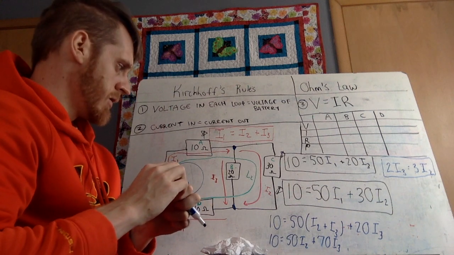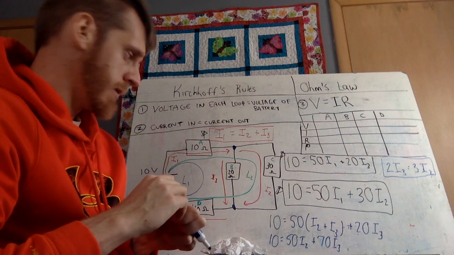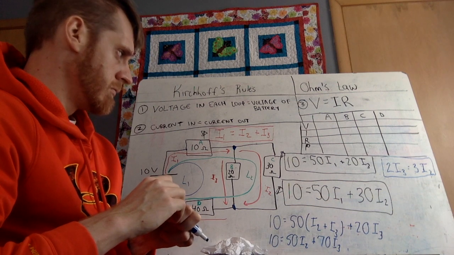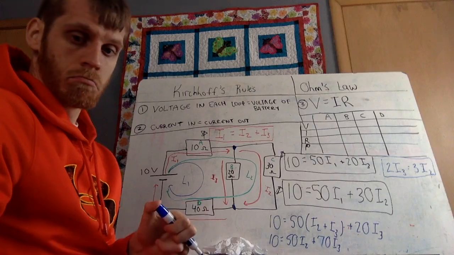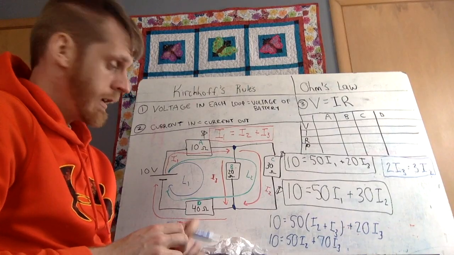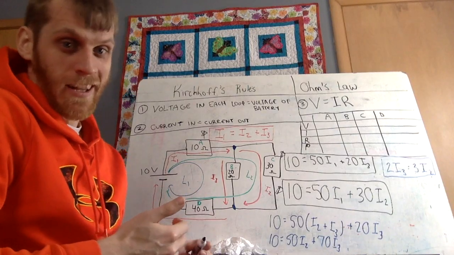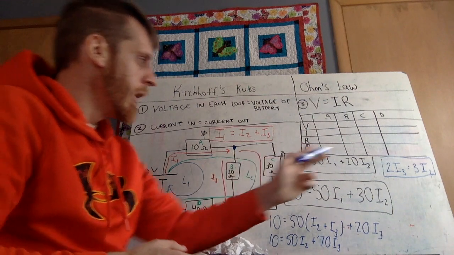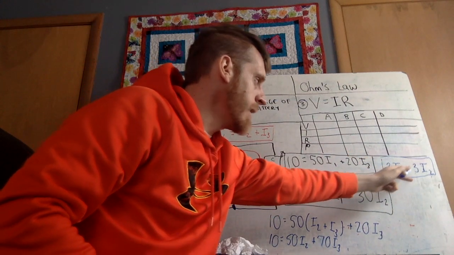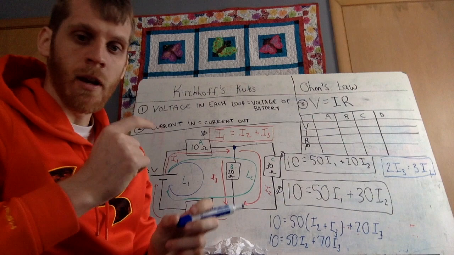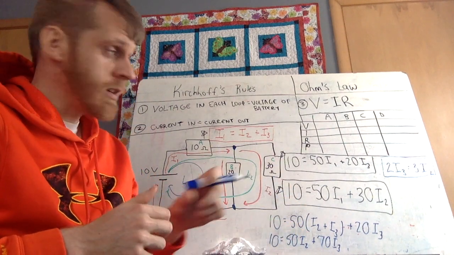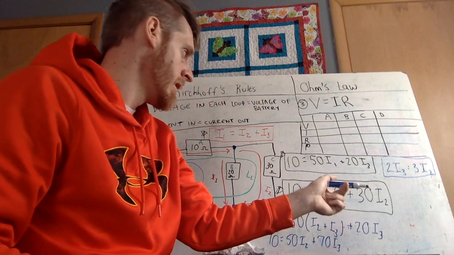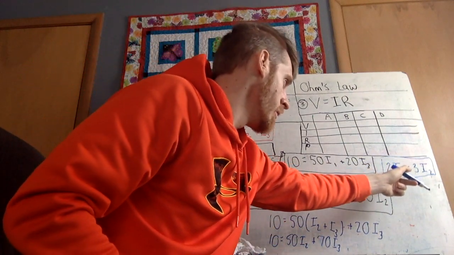Okay, so what does that tell us? It tells me another equation that I can work with. Look at this: I3 and I2, there's a relationship between I3 and I2 right there. So what's another way to say this?